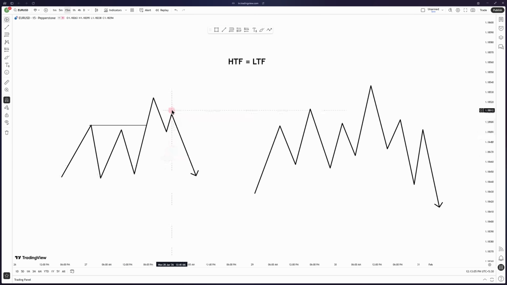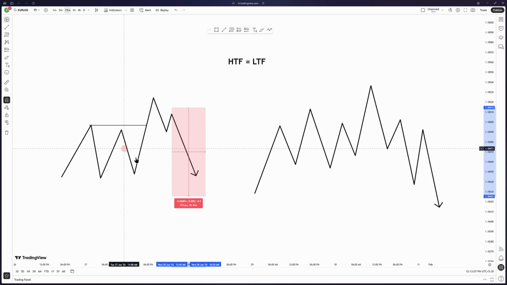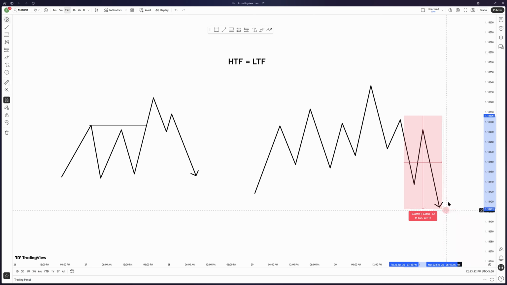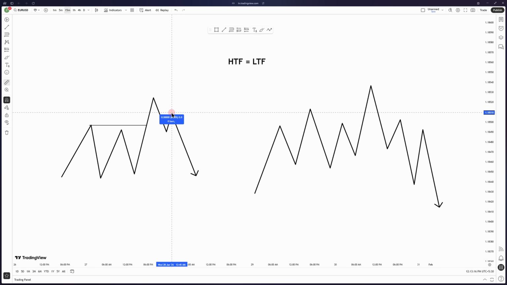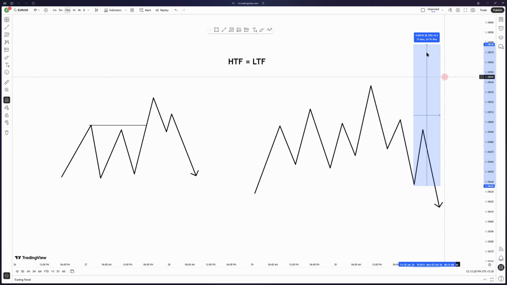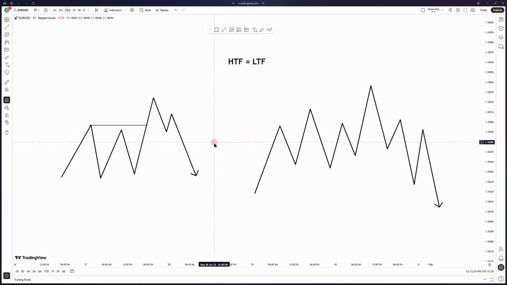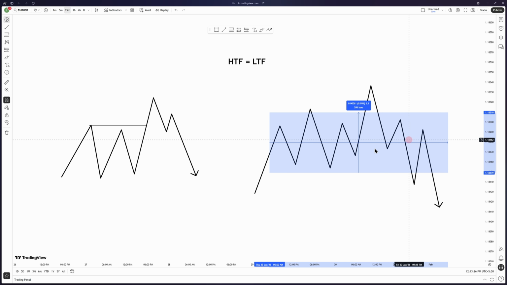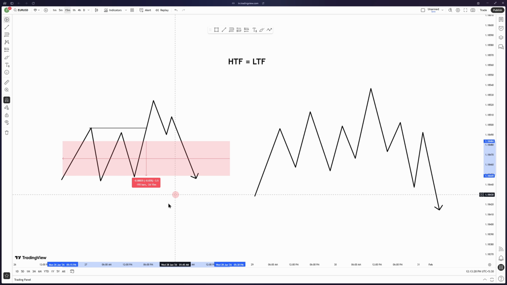If price is expected to move lower on the 15-minute time frame, then it has to move lower on all the lower time frames as well. It's not possible for price to be moving down on the 15-minute, while at the same time moving up on the 1-minute time frame. Lower time frames are simply a reflection of what's happening on the higher time frame.